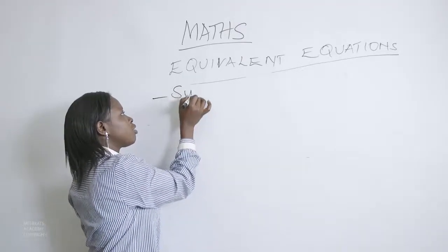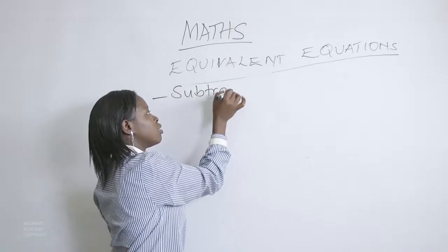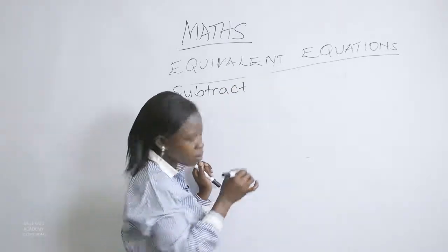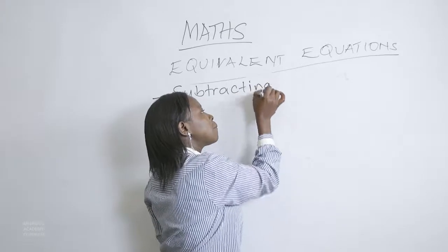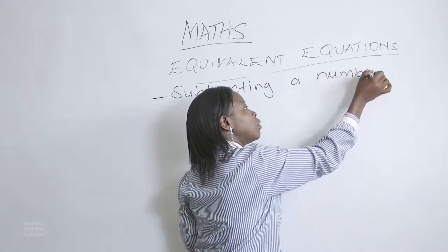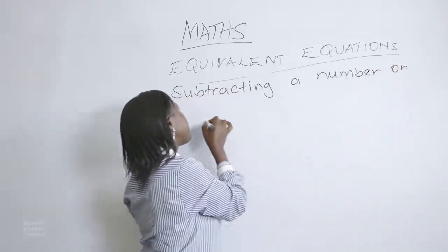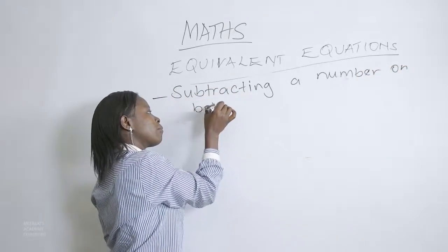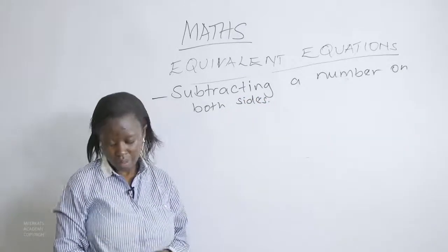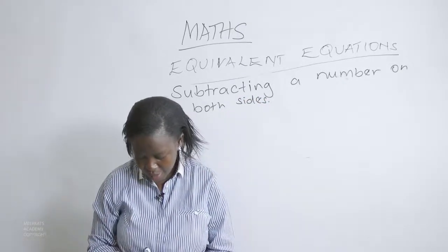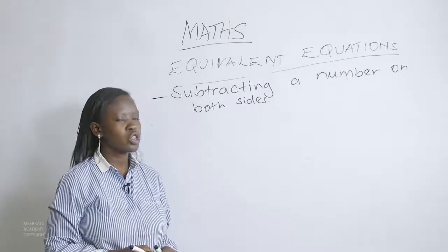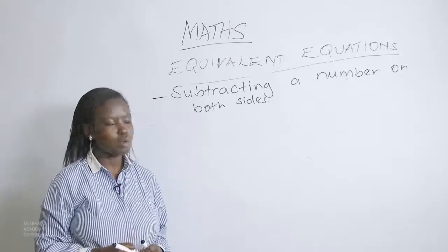So if we subtract a number on both sides, subtracting a number on both sides will make an equation to be an equivalent equation.